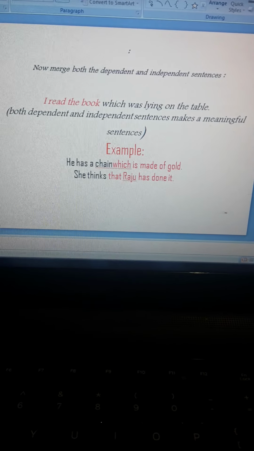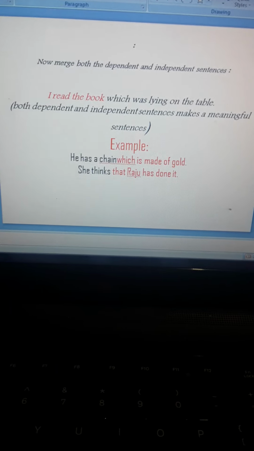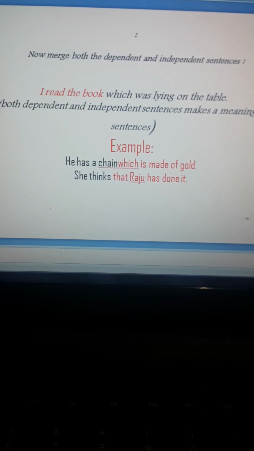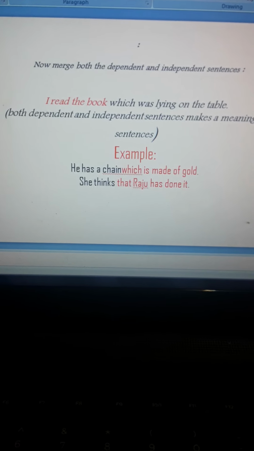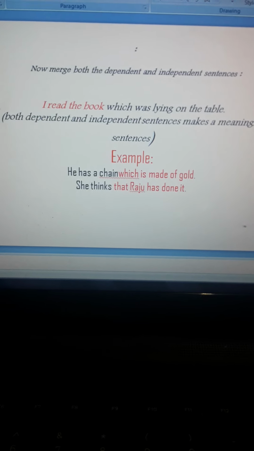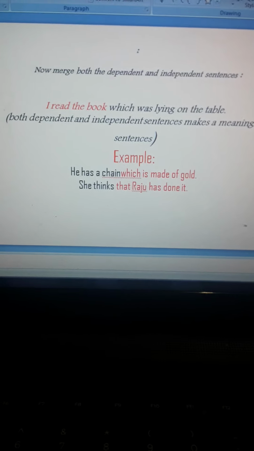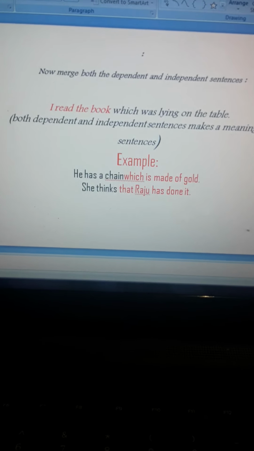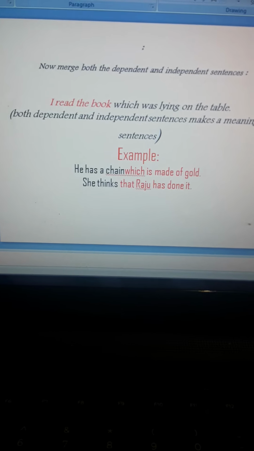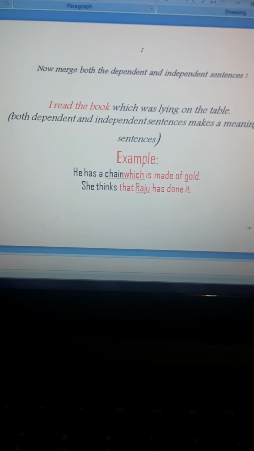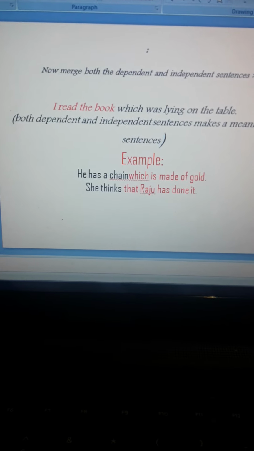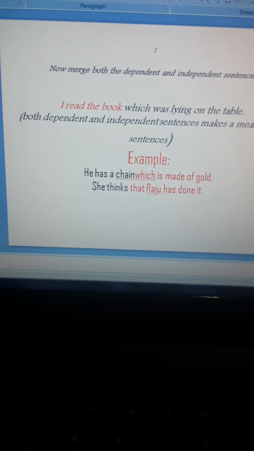He has a chain which is made of gold. So over here you can see students, he has a chain. He is the subject, has a chain is the predicate, and it is a complete sentence. It is conveying a sensible meaning.